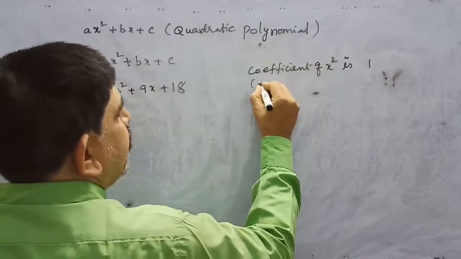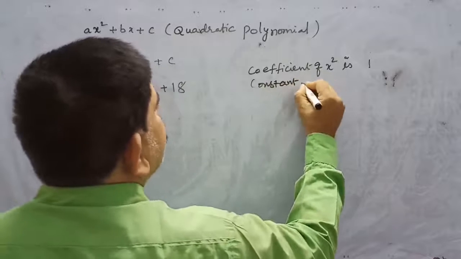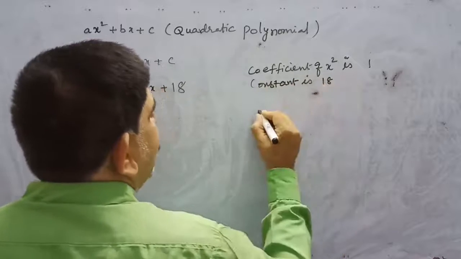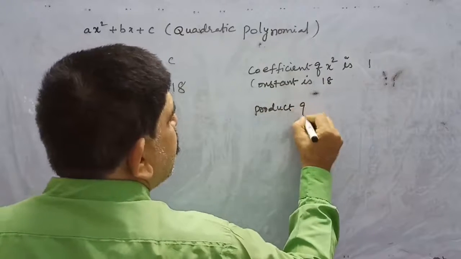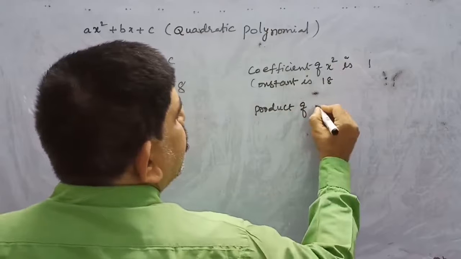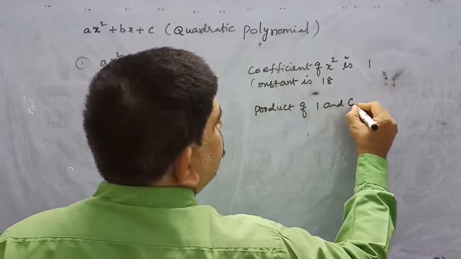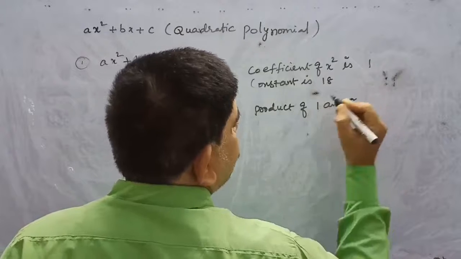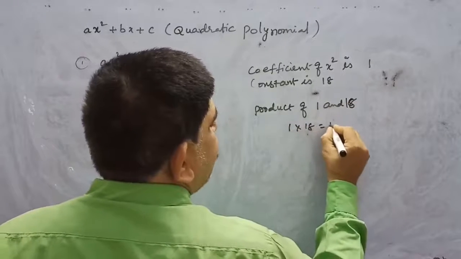Next, constant. What is constant? Constant is 18. Next we have to find the product of the coefficient of x square and the constant, that is 18. Now 1 into 18 is 18.